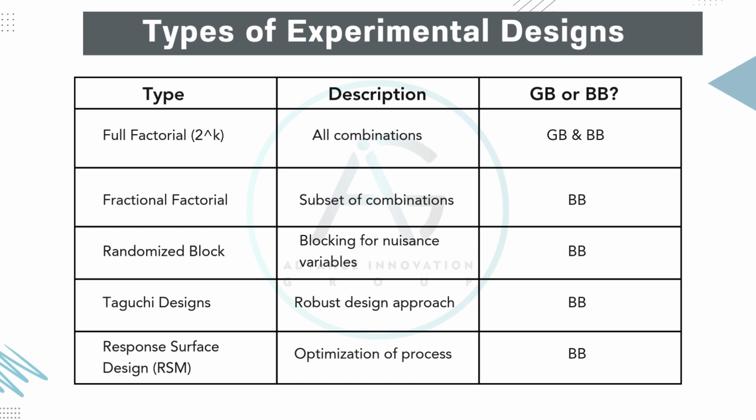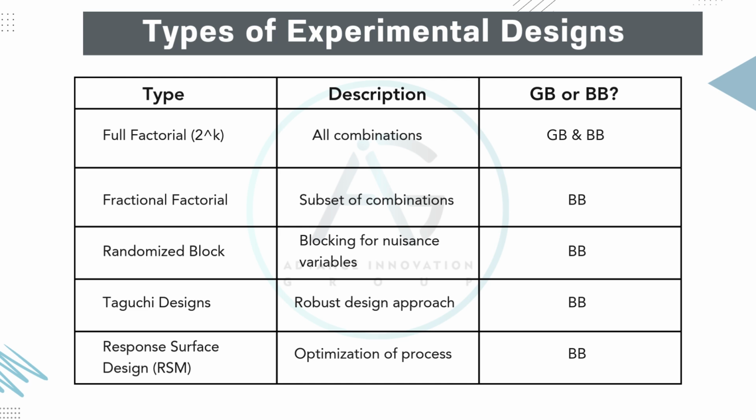Randomized block design. This design helps in minimizing the impact of nuisance variables, those we can't control, but that might influence the outcome. It's an advanced technique, mainly used by black belts. Taguchi designs. These focus on robust design. The goal is to make the product or process insensitive to variation.